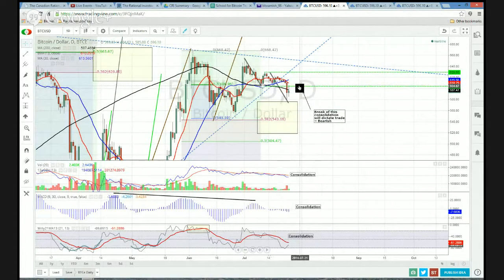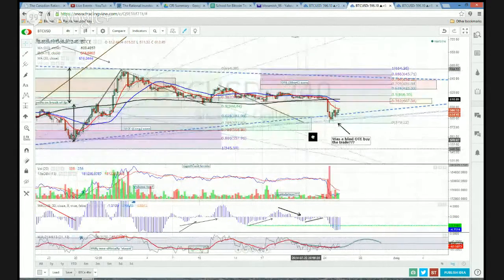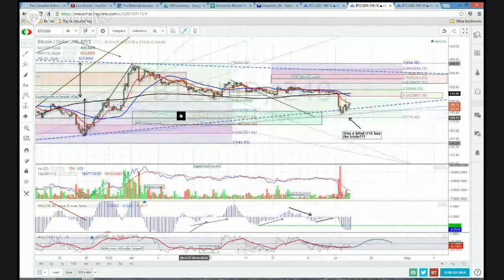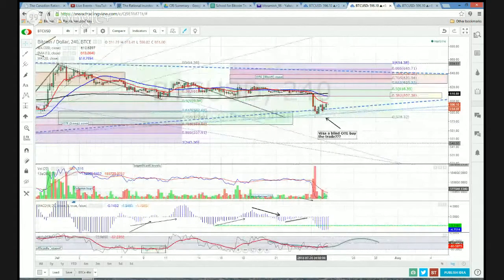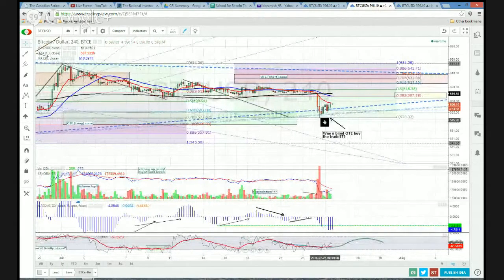So huge uphill battle here on the daily charts. But having said that, if the OTE is in your trading plan, well, you'd be actually pretty pissed off at yourself for not being long right now. So having said that, let's go take a look at some of the other internals and whether that long trade really is justified. But we'll do that in the extended video.